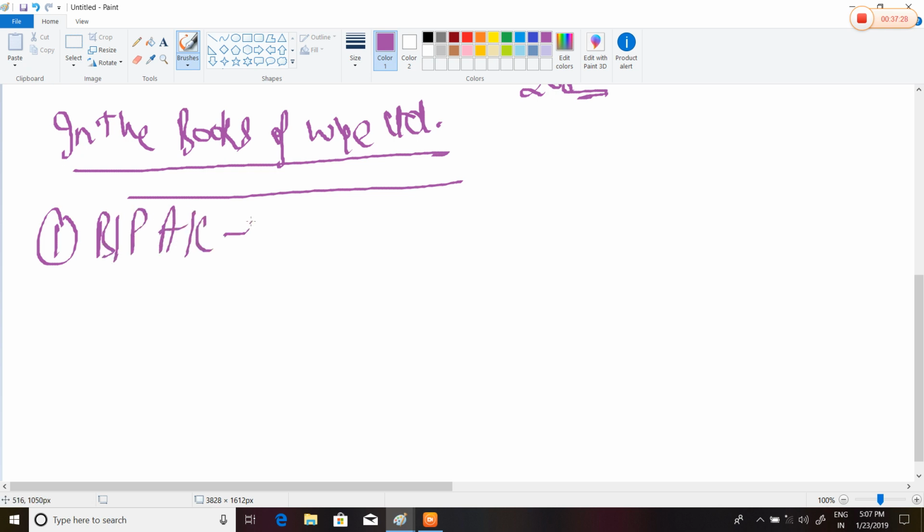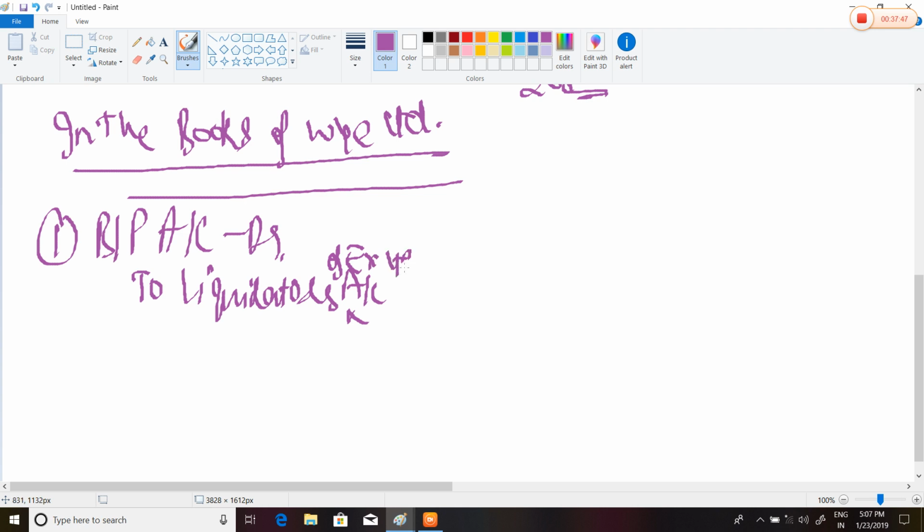Business purchase account debited to liquidators account. As you know, the company is X Limited. Liquidators of X Limited, 20,80,000.